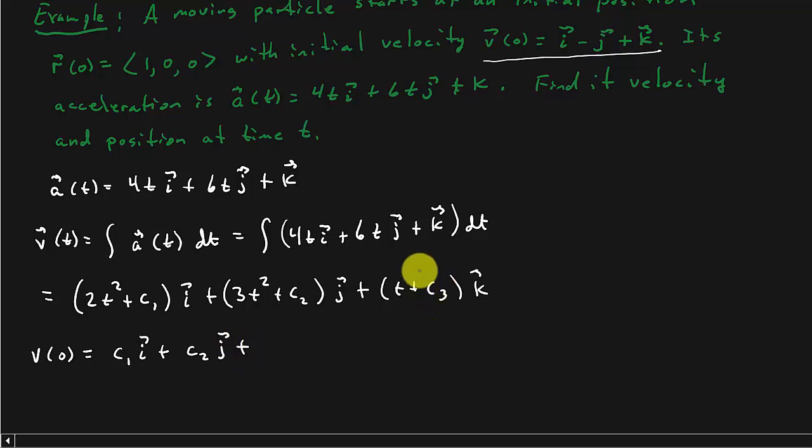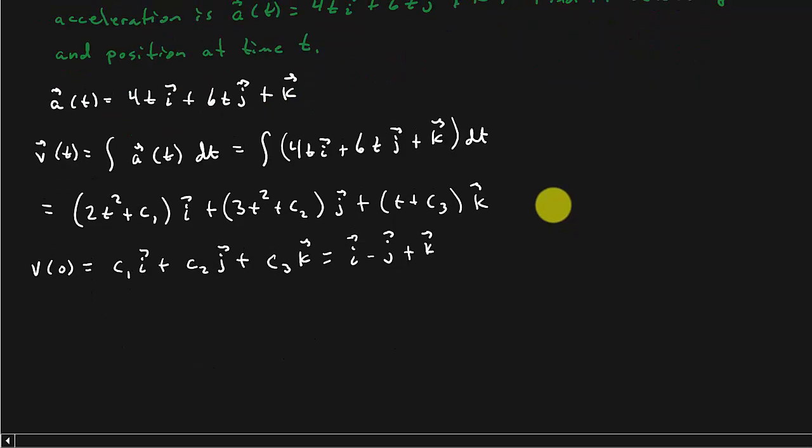And then if I plug 0 in for t here, I end up with C3. And that should equal this, i minus j plus k. And so what this tells me is that C1 is equal to 1, C2 is equal to negative 1, and C3 is equal to 1.